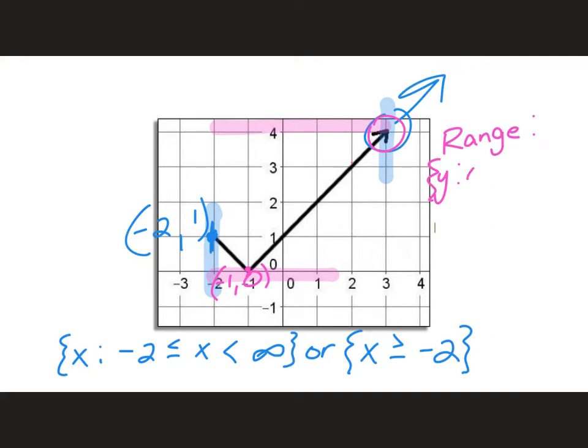The least value we have is 0. It goes all the way up to infinity. So that's using inequalities. We can also say that all of our y values are greater than or equal to 0. Remember, these two things mean the same thing. They just look a little bit different because they include the infinity symbol.